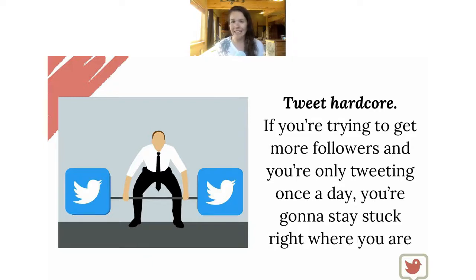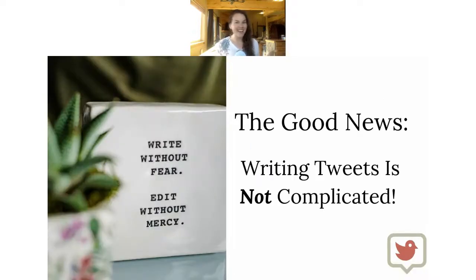If you're on Edgar Lite and you do only have 10 time slots, that manual schedule, send, and save is available for you, and you have unlimited access to that as well. So go ahead and take advantage of that and test out adding a few more time slots in that way as well. The good news: writing tweets is not that complicated.